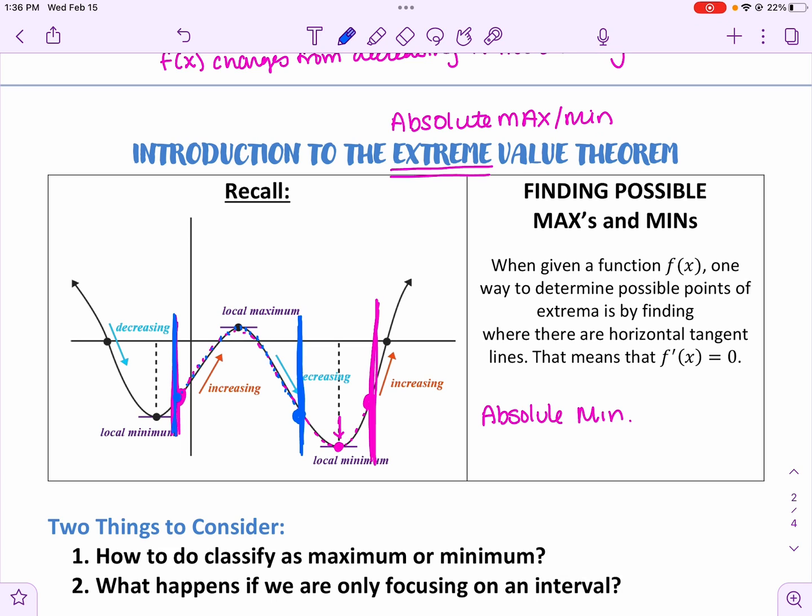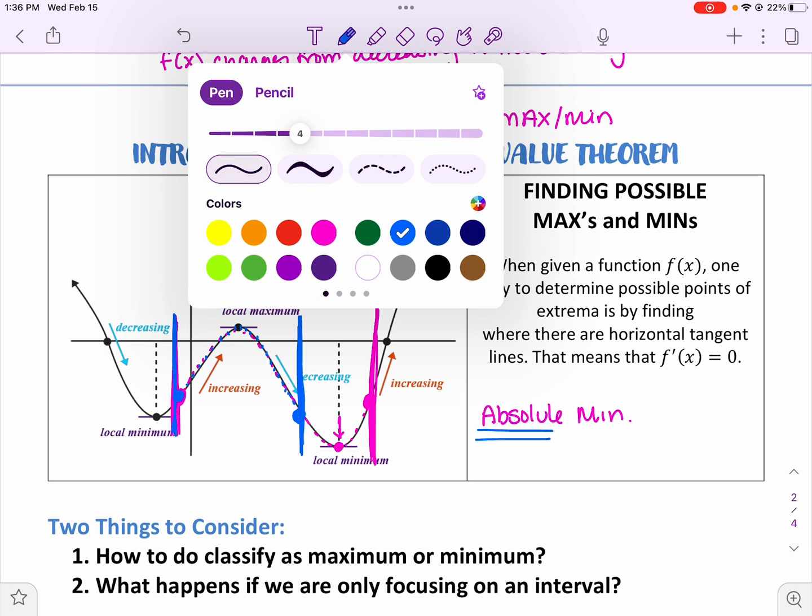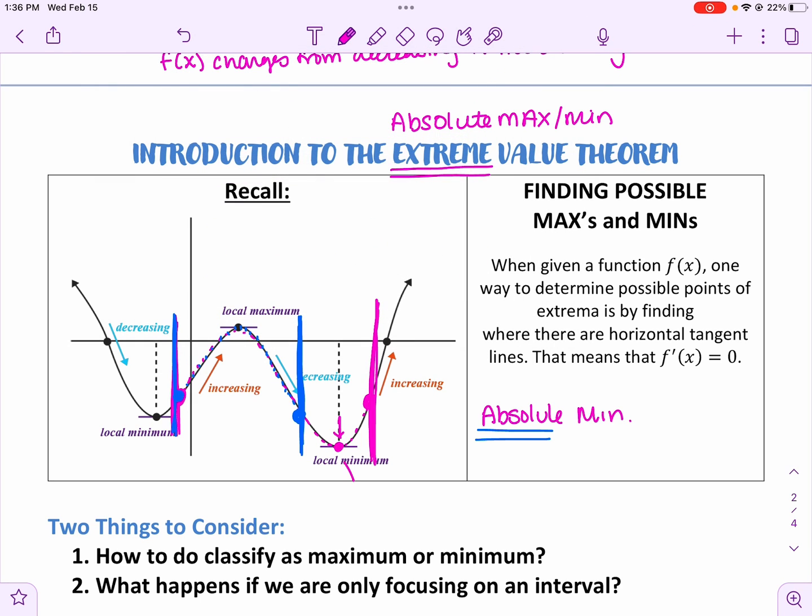That is the endpoint of the interval. Now the question is, which one is the lowest? Which one is the absolute min? Before, with the pink interval, the absolute minimum was at the center of the interval, but now our absolute minimum is actually right here.